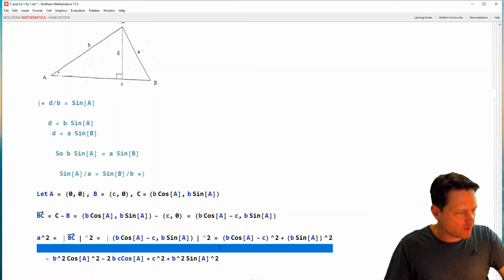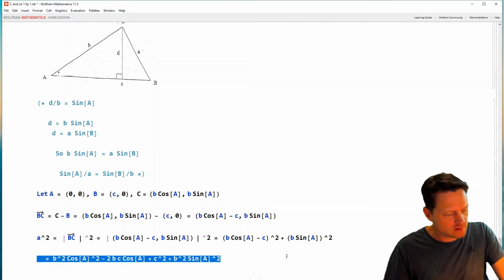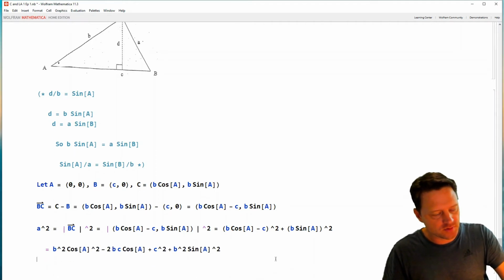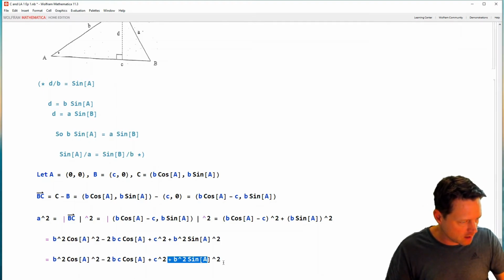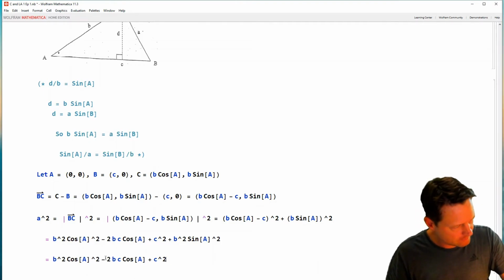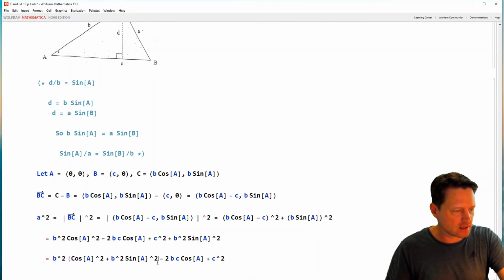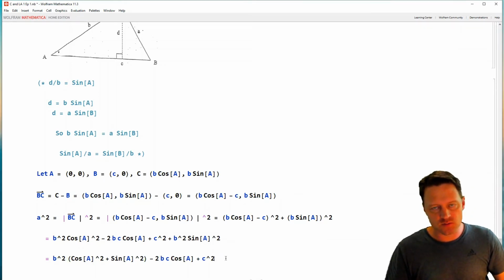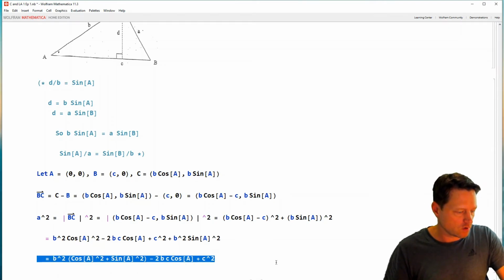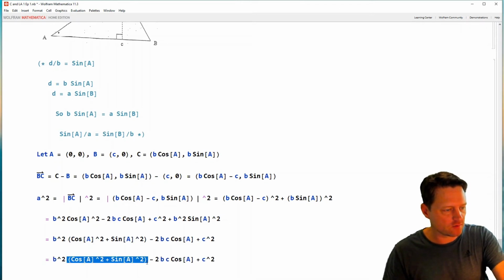Great, now we want to rearrange things and simplify. Let's put the sum of the cos and the sine together, because we know there's a special rule for those, and we'll factor out the b squared so we can see that clearly. Sine squared plus cos squared is 1, so we can replace this bracket with a 1, and so we just have b squared for that part.